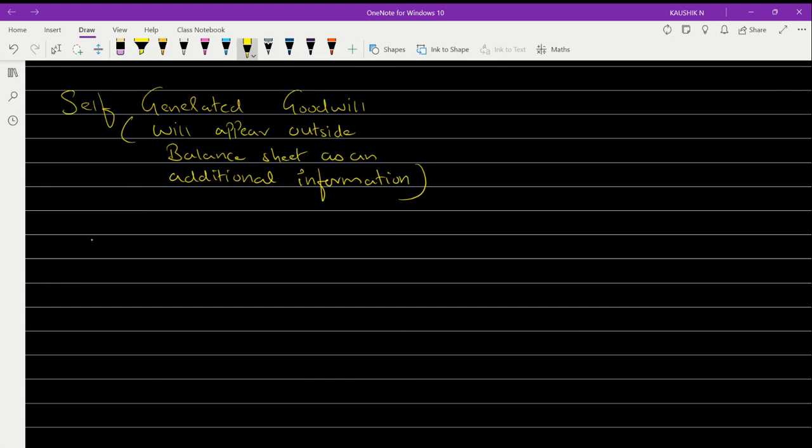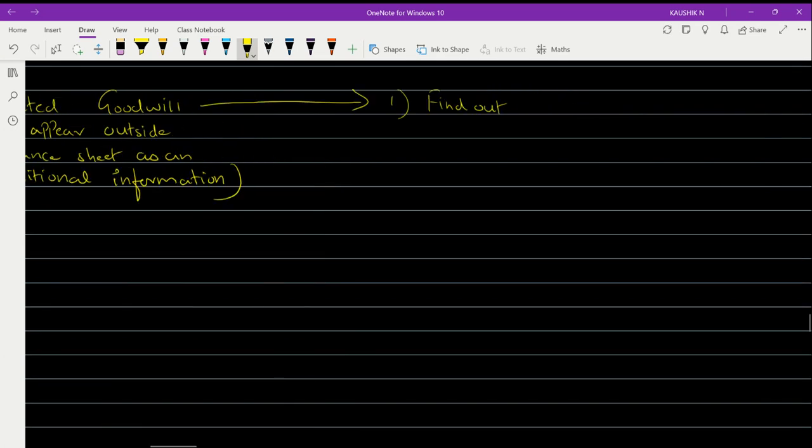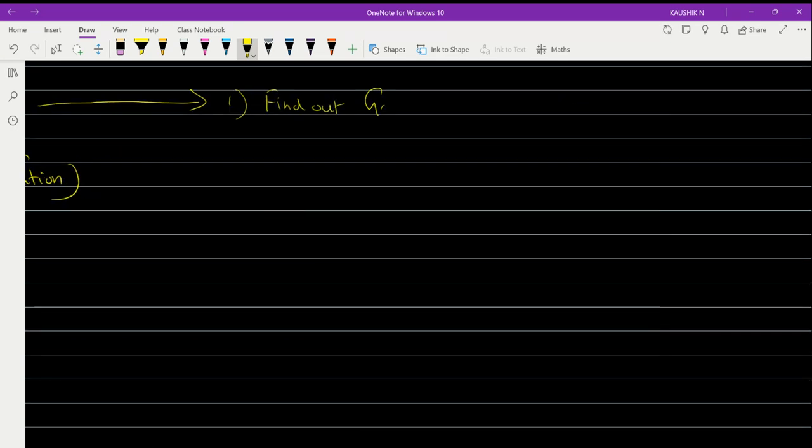If you have a self-generated goodwill, follow these steps. Number one, find out gain or sacrifice among the old partners. So first you find out the gain or sacrifice among the old partners.